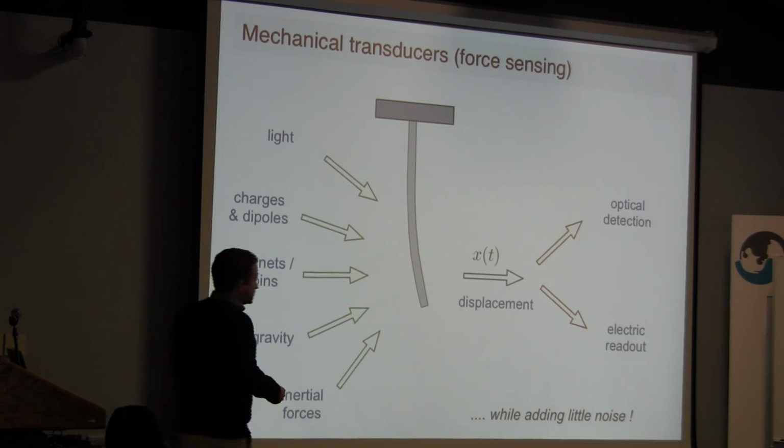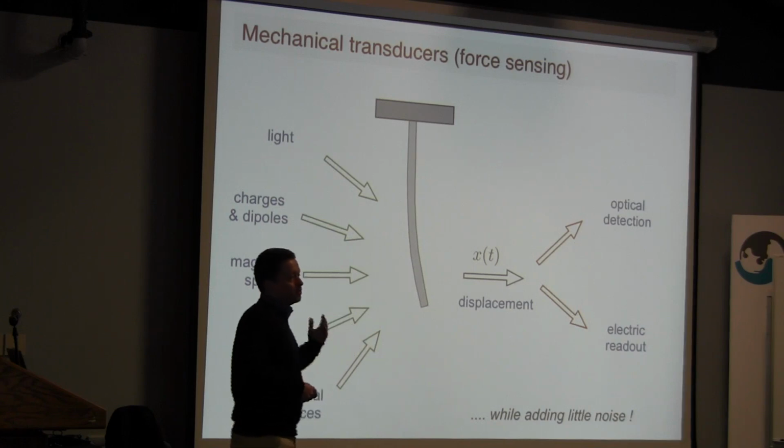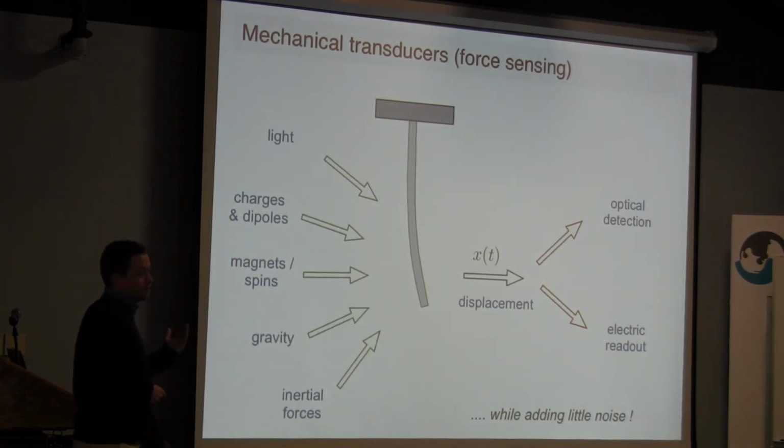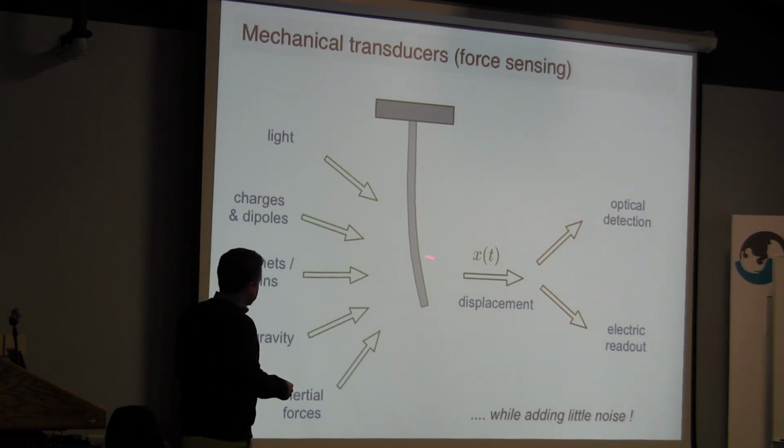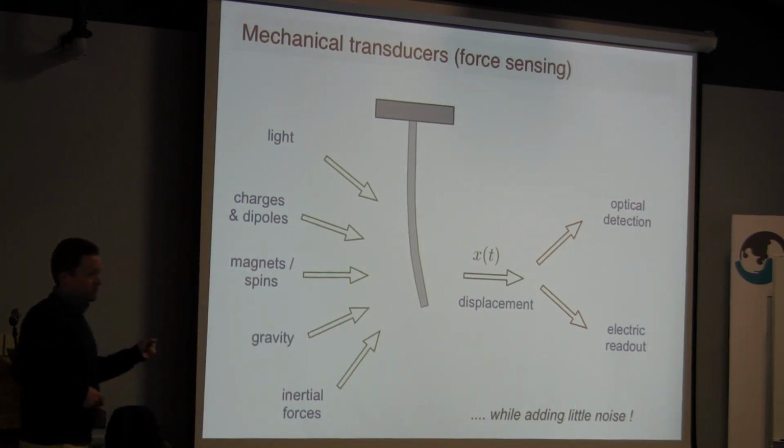So this nanomechanical system will respond very sensitively to all types of forces in nature. And it's just a simple harmonic oscillator, so forces will displace this oscillator, and this displacement can then be detected by the most sensitive detection methods. Often it's optical, but electric readout can also be very efficient.